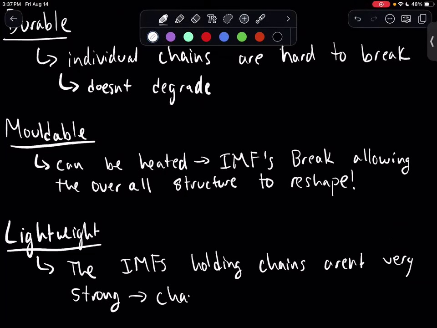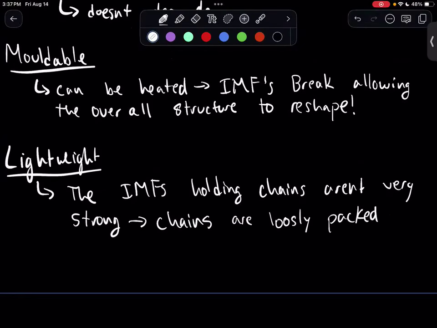So the chains are loosely packed. This is what gives many of the other features, such as the durability and flexibility, well, more of the flexibility. And because they're loosely packed, it is a less dense structure. Therefore, it's lightweight. And when I say less dense, I'm talking about in comparison to things like metals, which are very dense as they're very tightly packed.